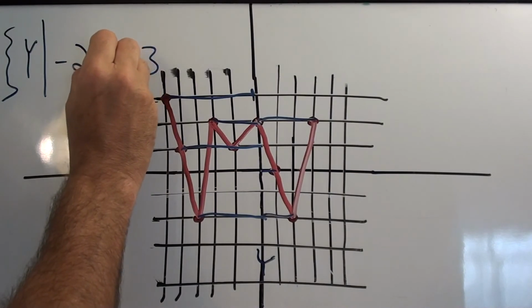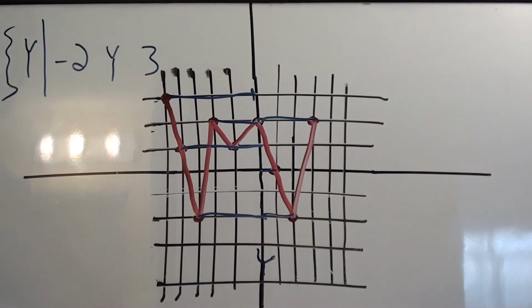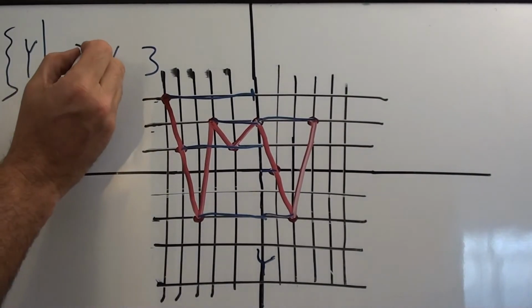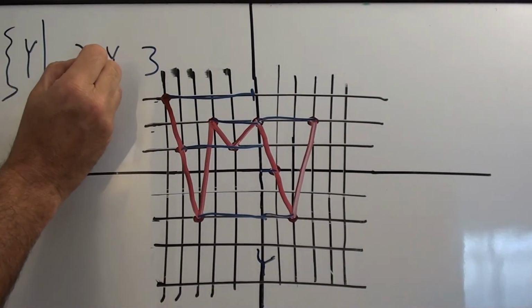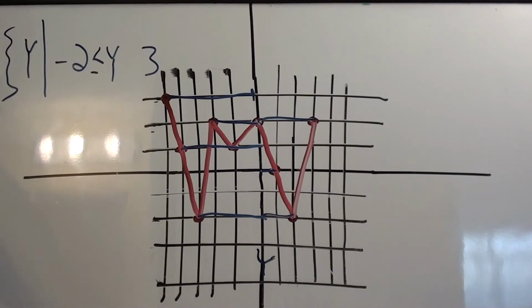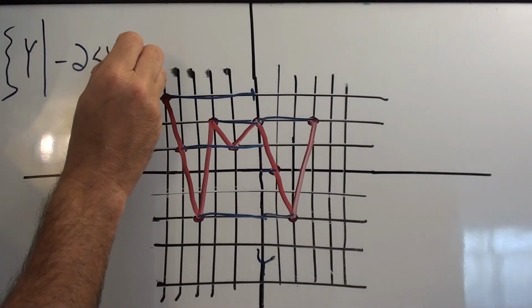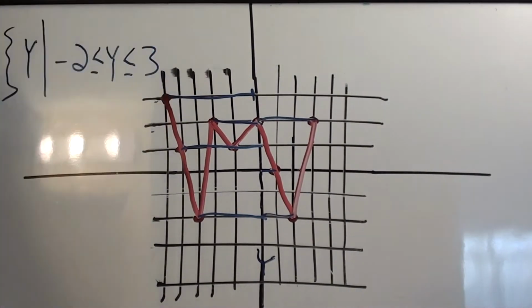Okay? Now, y, negative 2 is less than or equal to y and y is less than or equal to 3.